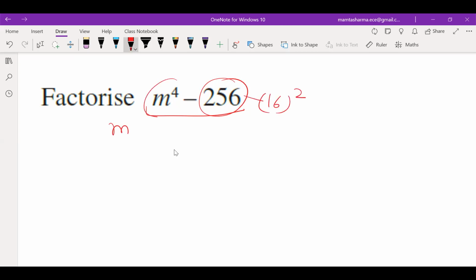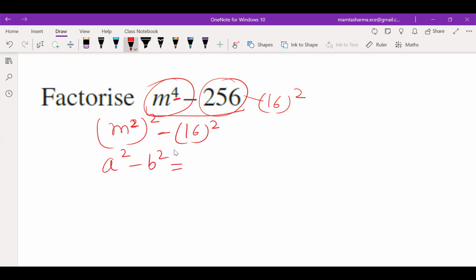And see here, it is m4, not m square. So m4 is the square of m2, and 256 is the square of 16. So now you are getting a square minus b square.